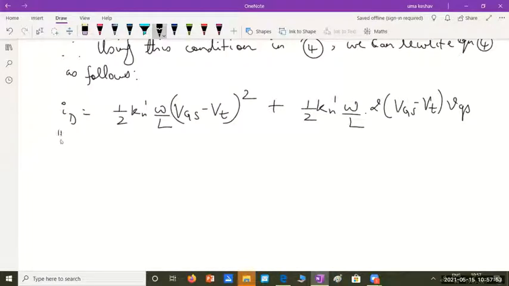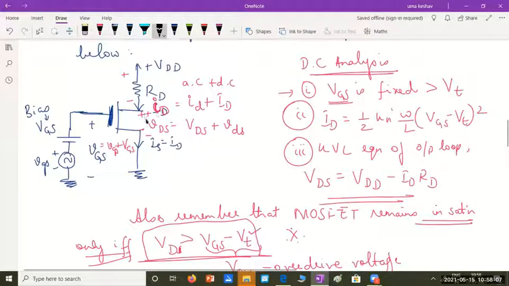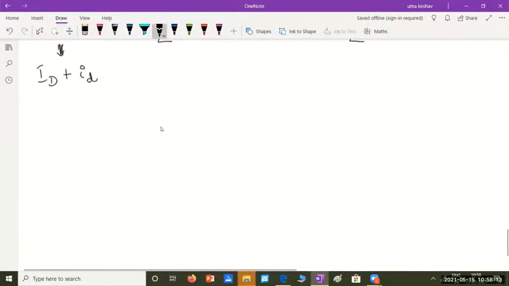The left hand side, the total drain current, can be written as DC drain current plus AC value. Yes or no? I have shown it to you in the circuit itself. See, this total ID is small ID plus capital ID. Please remember that. Just like everything.